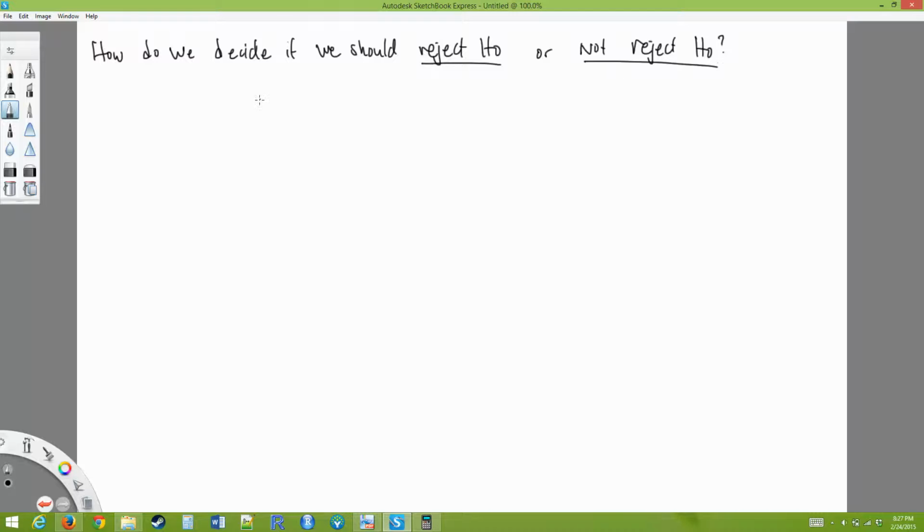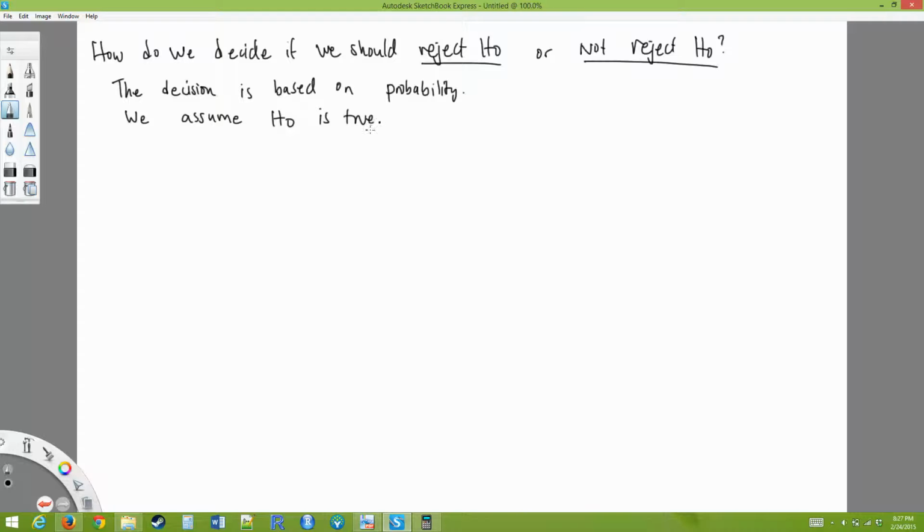And how do we decide? Well, the decision is based on probability. Okay. We're going to assume that the null hypothesis is true. Okay? It's in the same way, like for a court case, you assume that the defendant is innocent. Okay?